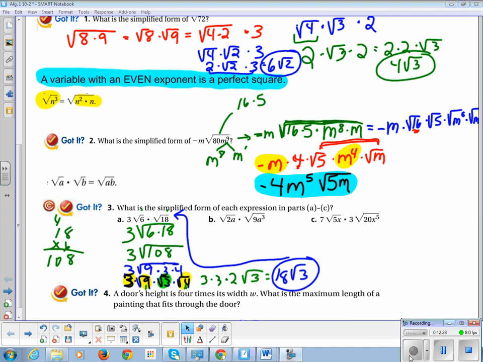All right, so let's take a look at B and see where we can go from here. Let's put it all underneath the radical. So I got 2, I got 9, I got a, and I got a to the third. I'm happy that this could be square root of 9, but I'm going to combine these two together to give us a to the fourth.